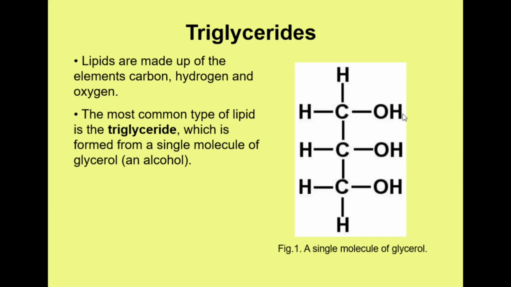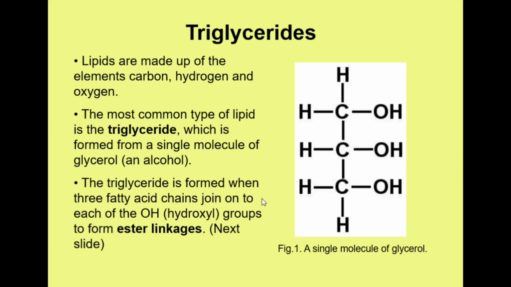So hopefully you're starting to get the picture now. We're going to take 3 different molecules and add them onto these 3 hydroxyl groups. And the 3 things that we're going to add to them are called fatty acids. So a triglyceride is formed when 3 fatty acid chains join on to each of the hydroxyl groups.